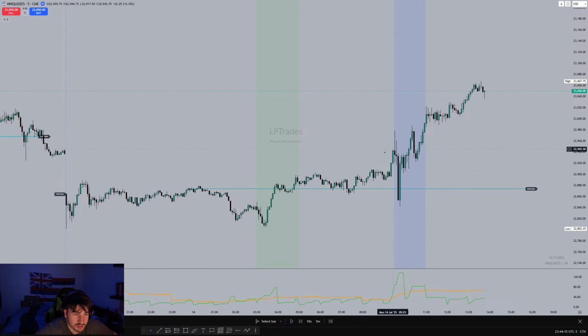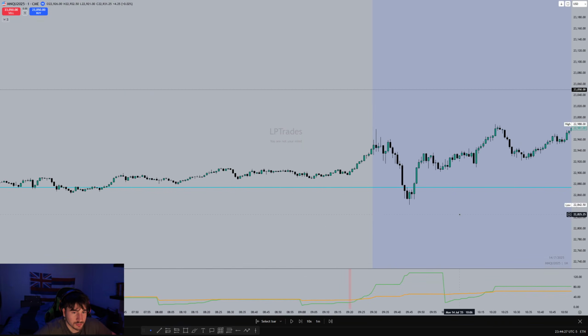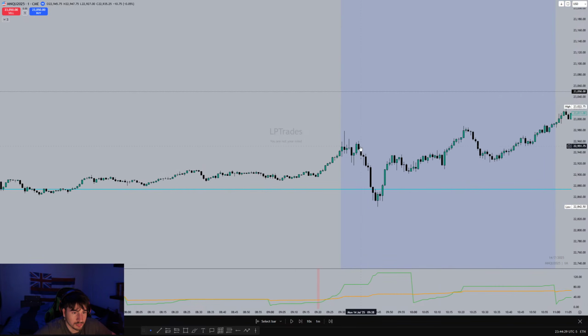Anyways, 9:25. Yeah, we take out overnight session during London, then we consolidate, then we manipulate higher. So we did take out liquidity, and we'll drop down to the 1 minute. But yeah, we have a change of state of delivery right here. Again, the ATR is active. So 30-point stop.